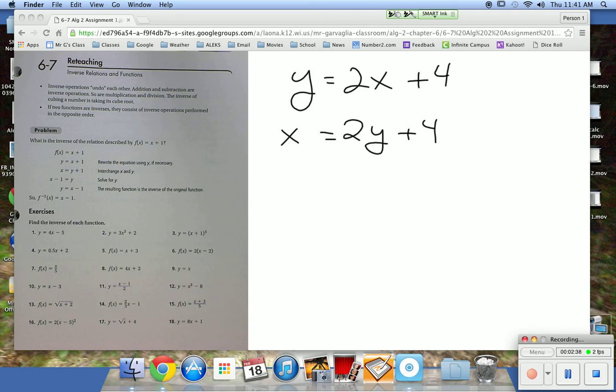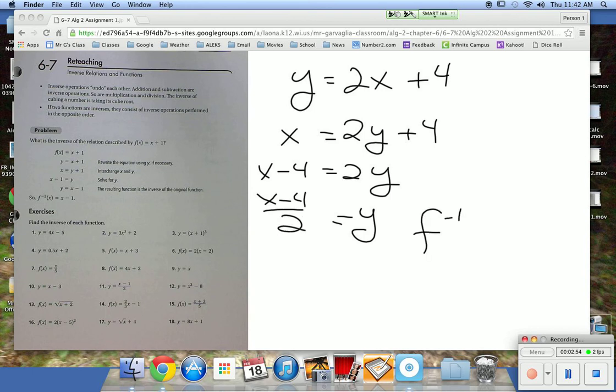Notice how we switched them around. Now we're going to solve for y. X minus 4 equals 2y. Divide by 2. Y equals x minus 4 over 2. This is my f negative 1 of x, or my inverse function, x minus 4 over 2.